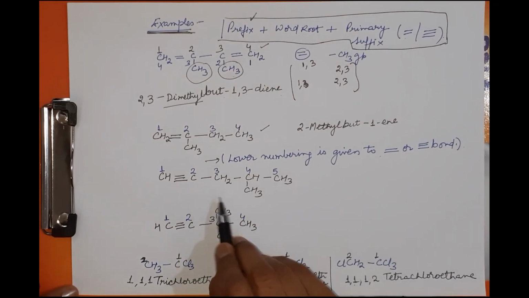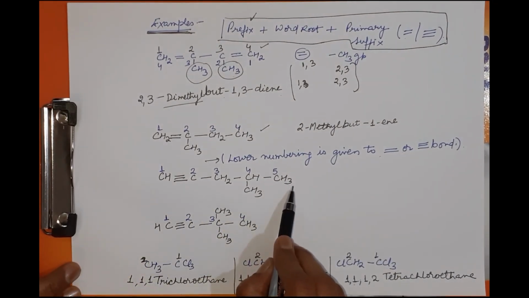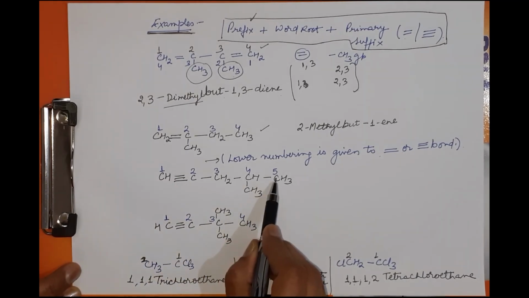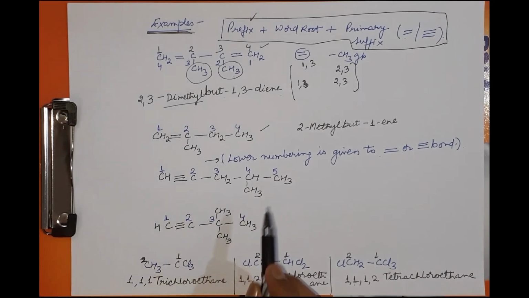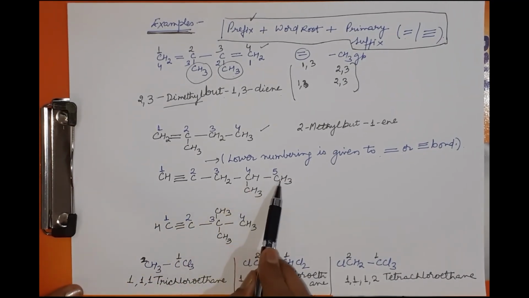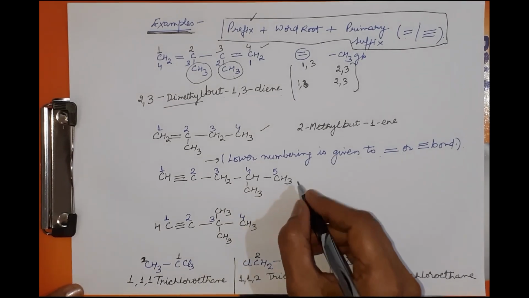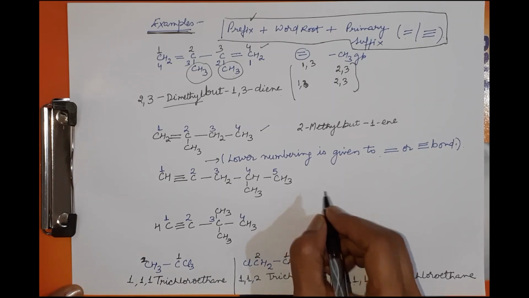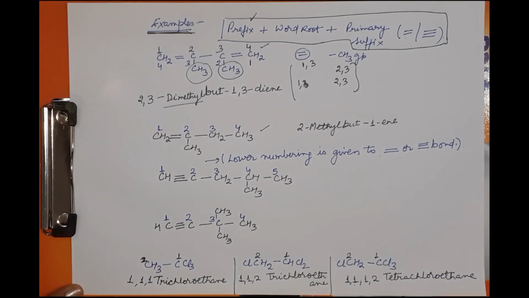Then the next example is this. Here also, for numbering, we have to go from left to right. So this is 1, 2, 3, 4, 5. The methyl group is on the position 4. Methyl group position is 4.